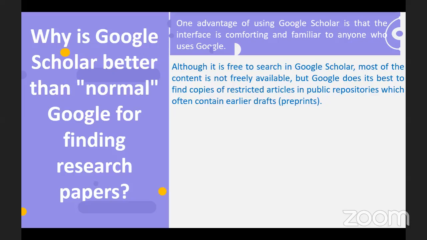So if I am looking for academic content with respect to maybe ICT access or ICT usage or digital inclusion and maybe economic development, I have to note that though Google Scholar will present me results which are academic oriented or related, I may not be able to have full access to the content in terms of either the research paper or books that the search results may be related to. It is possible that I may have this content free of charge from Google Scholar, but not everything is guaranteed.